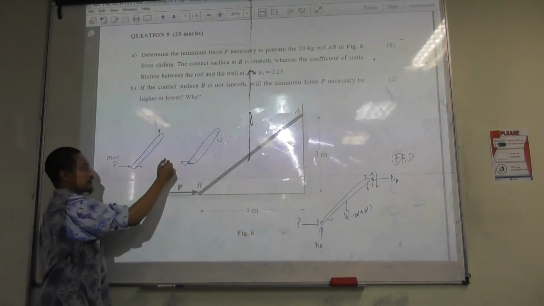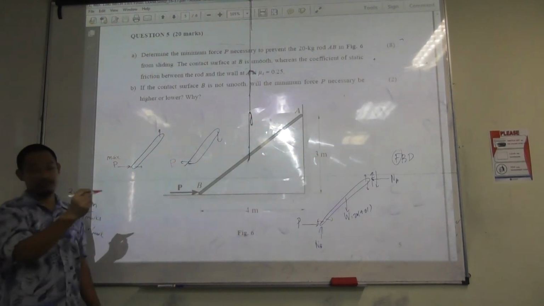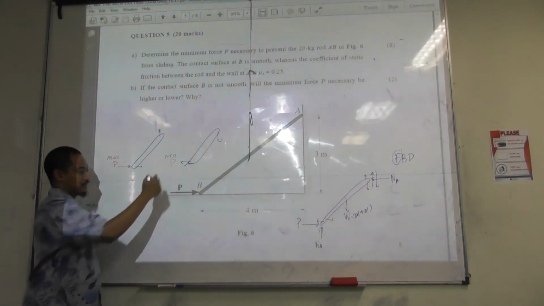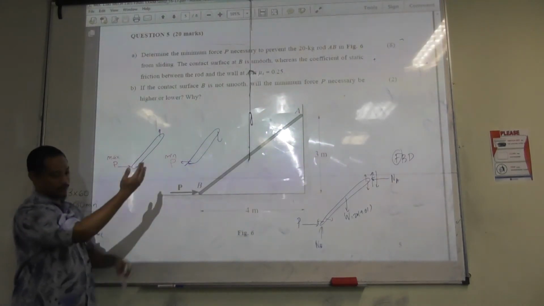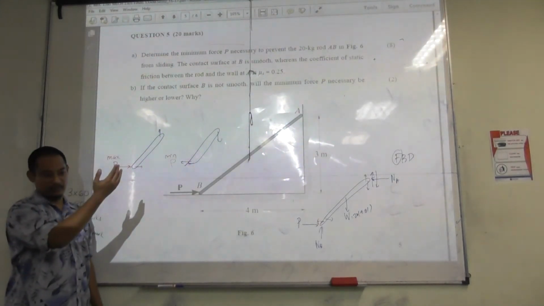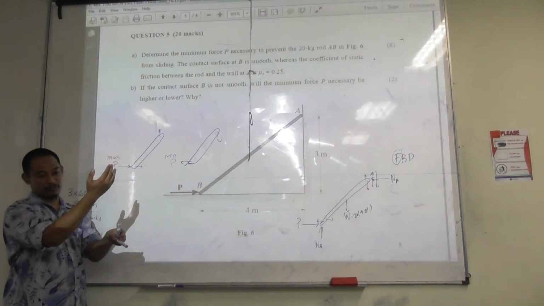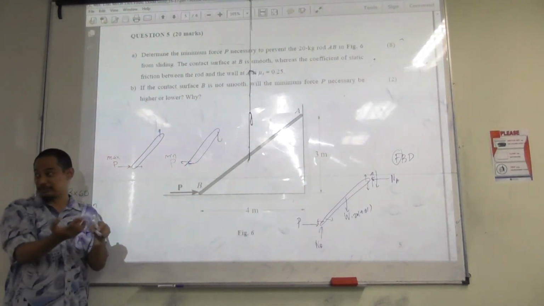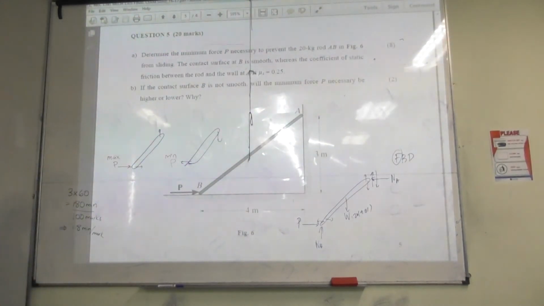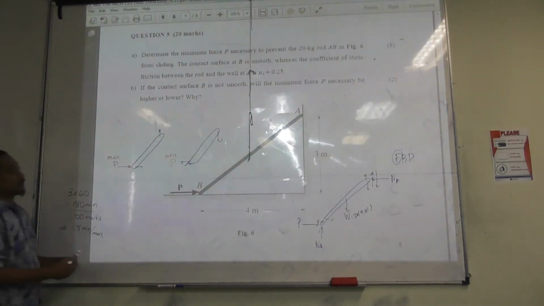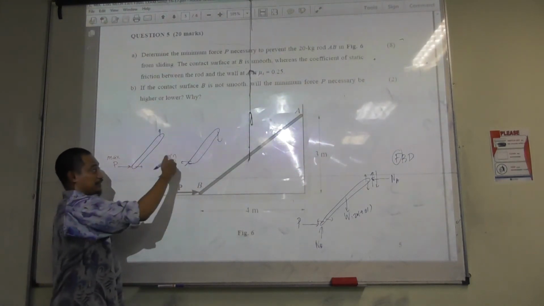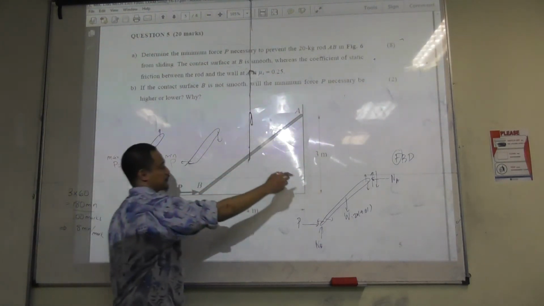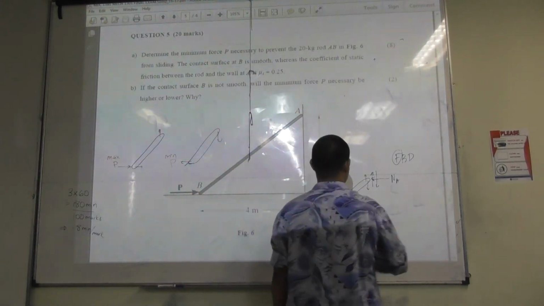In this case, maximum or minimum? Minimum, right? Because that's the minimum requirement so that it doesn't slide down. If you push more, it's okay, but if you push less, it will slide down, right? In this question, which one? Minimum. What's the minimum before sliding? Meaning the sliding is sliding down. So in this case, friction will be upward.